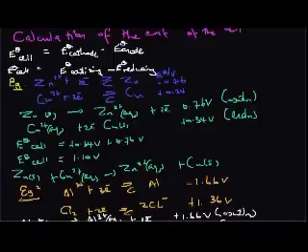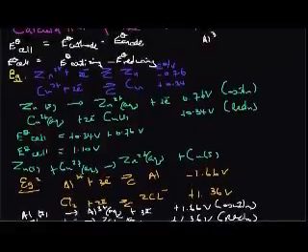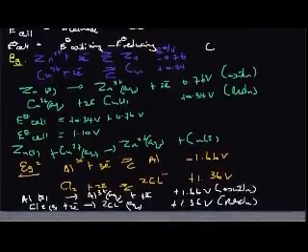We are having our aluminium solid being converted to aluminium 3 plus and 3 electrons, and the electrode potential already is now positive. And then for our chlorine gas there, we are having our chlorine gas plus our 2 electrons.